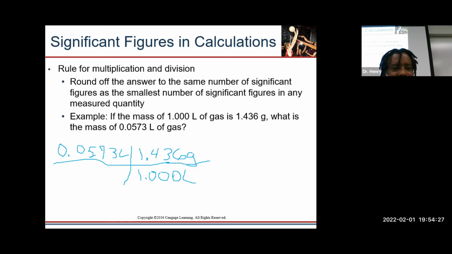Okay, so liters are going to cancel out, and we're going to be left with just grams. Okay, what did you guys get?